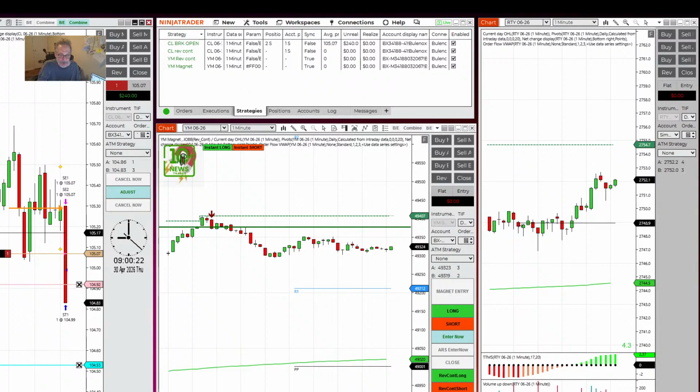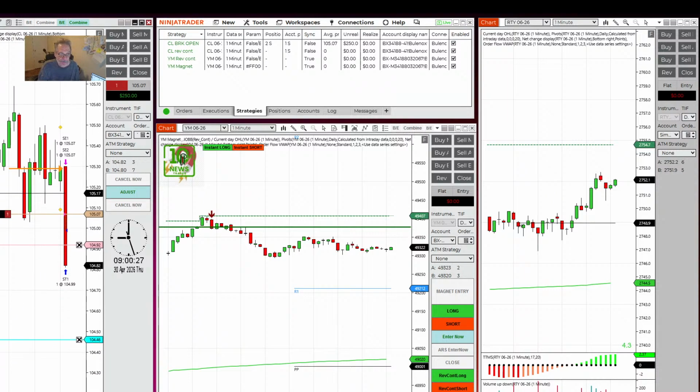Trailing, expand the target some more, trail, trying not to get too close, trail, expand the target, trail. Order filled.